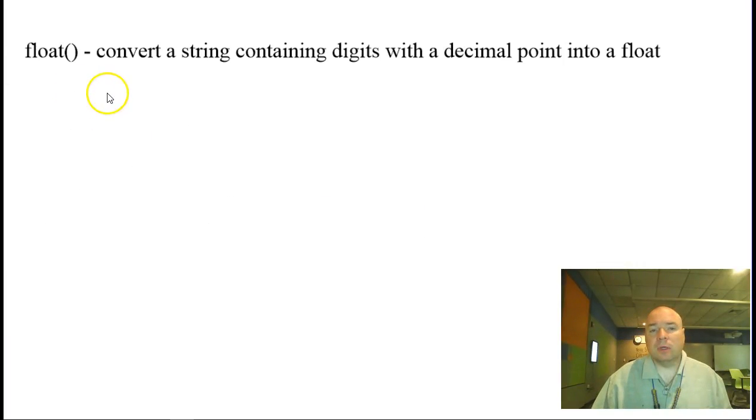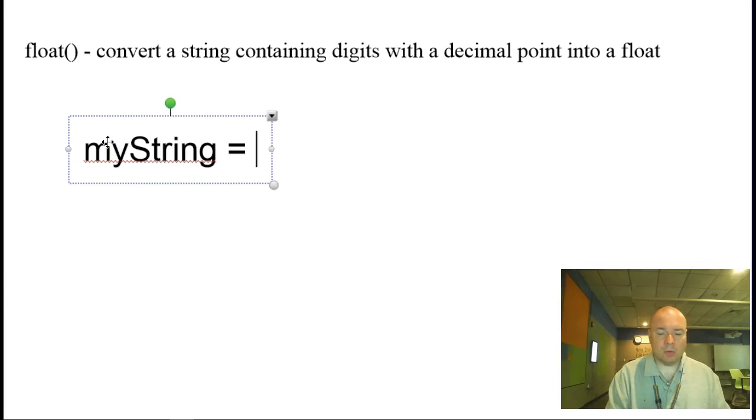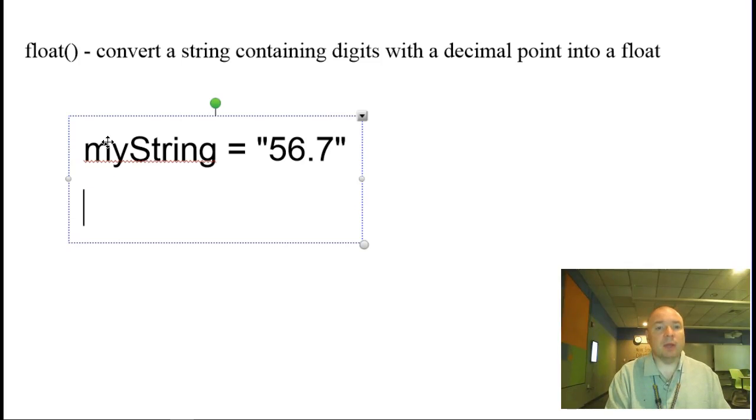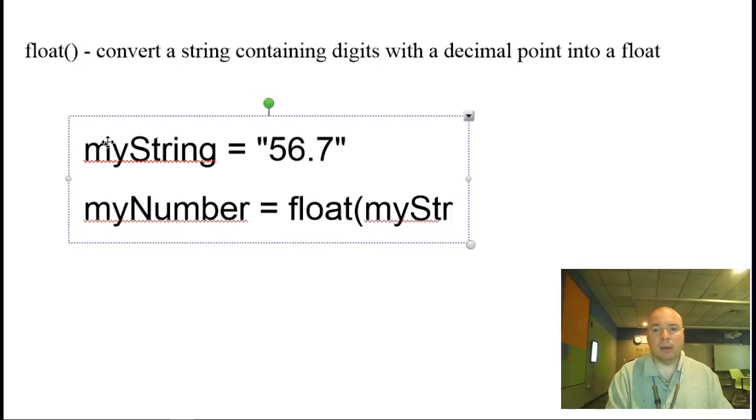The float will convert a string containing digits which would look like a decimal into a floating point number, a decimal that the computer can use. So again, if we take a look at this, we could say my string equals quotes 56.7. And then we could convert this to my number, and we'll say float my string.